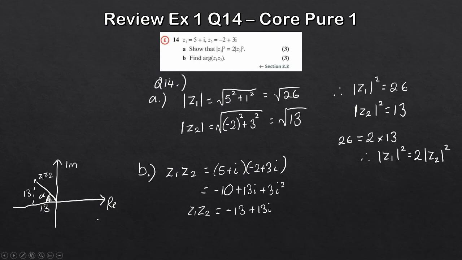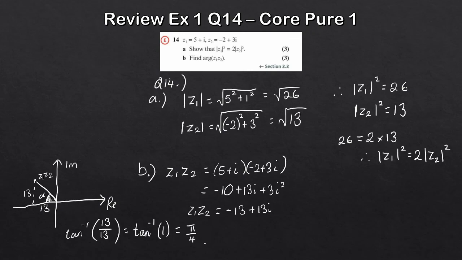So to do this, again, just like we have done for the previous ones, we're going to do tan inverse because it's the opposite over the adjacent. So this is tan inverse of 13 over 13. So that's the tan inverse of 1, which is hopefully something that you just kind of memorise. That's pi over 4. But again, you could work in degrees here if you prefer. It isn't specified in the question, so either is acceptable.